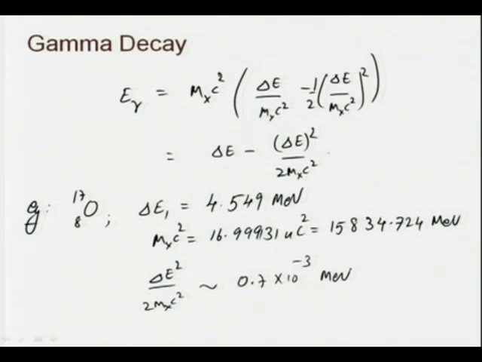So, we can actually neglect this compared to 4.5 MeV, which is something like 4 orders of magnitude smaller. So, for all practical purposes, we can take E gamma to be equal to delta E, the excitation energy.